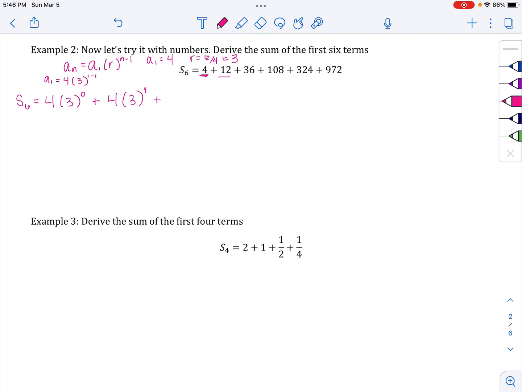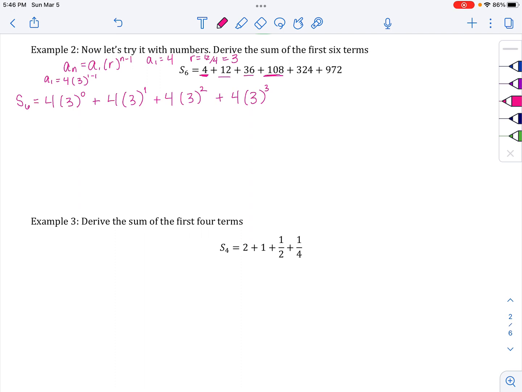For the third term, it's again a sub 1, 4, times r, 3, to the 3 minus 1 power, which is 2. That was the third term, okay? Now the fourth term is going to be rewritten as 4 times 3 to the 4 minus 1 power, which is 3.